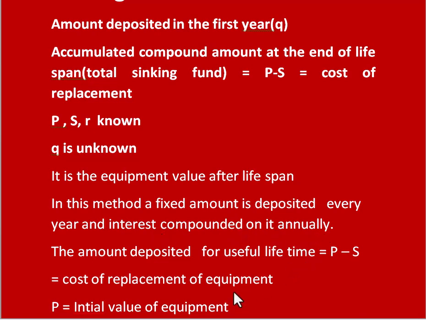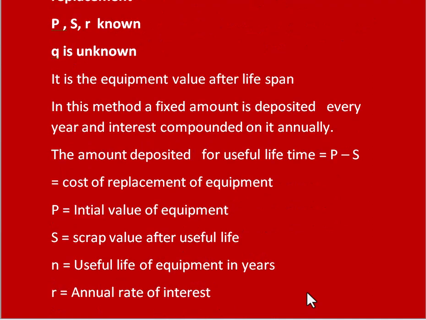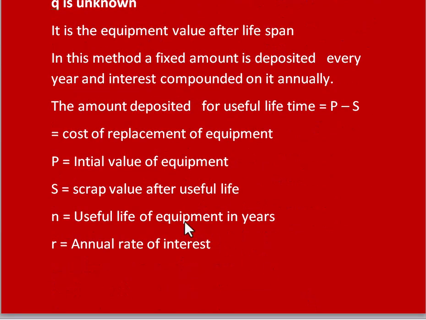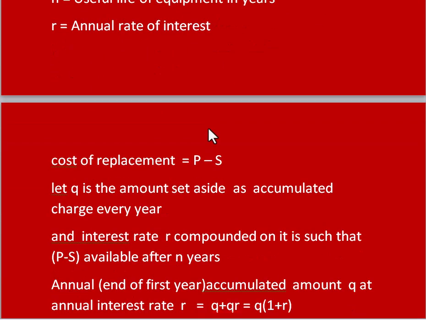The amount deposited for the useful lifetime, you can say P minus S, is nothing but the cost of replacement of the equipment. And small n is the useful life of the equipment in years, small r is the annual rate of interest, S is the scrap value after the useful life of the equipment, P is the initial value of the equipment.